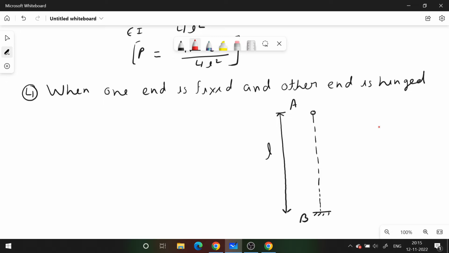In that case, when a buckling load is applied at its hinge point, beam will deflect like this. Due to this buckling load and hinge joint, a horizontal reaction is developed.